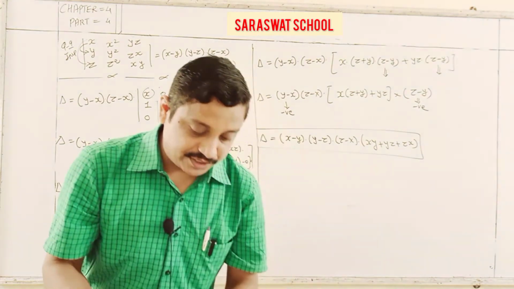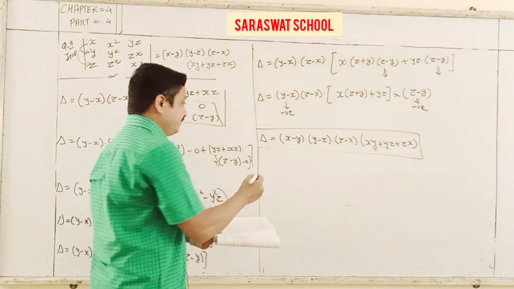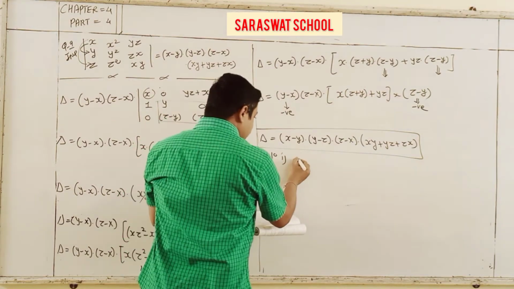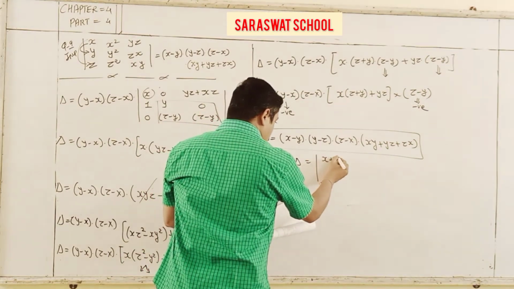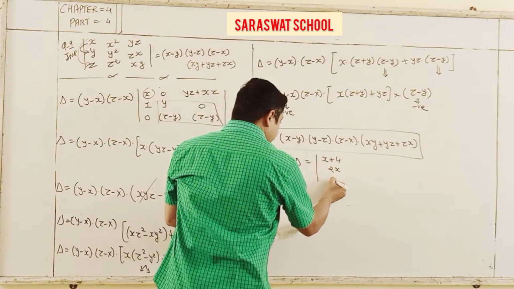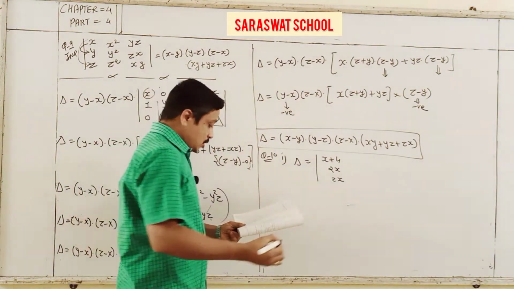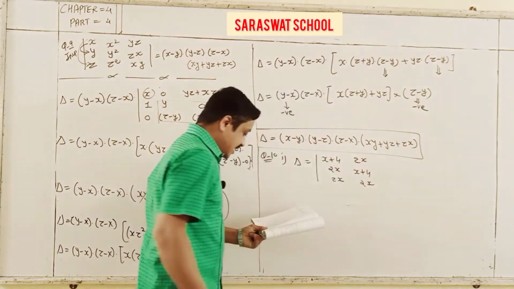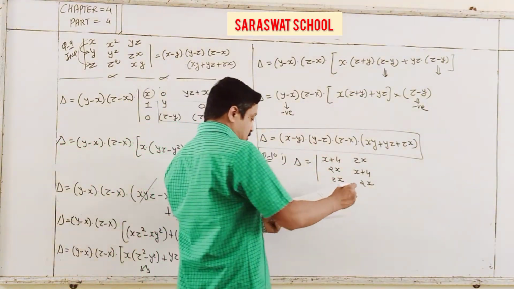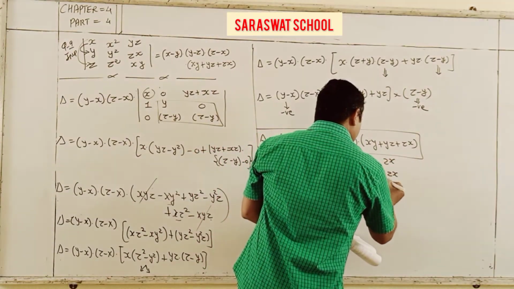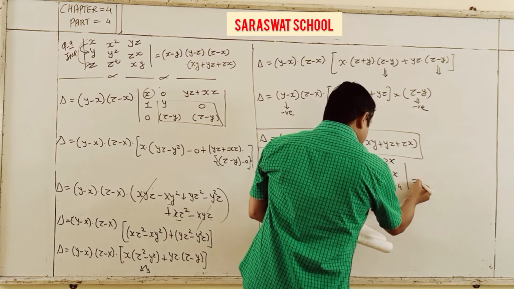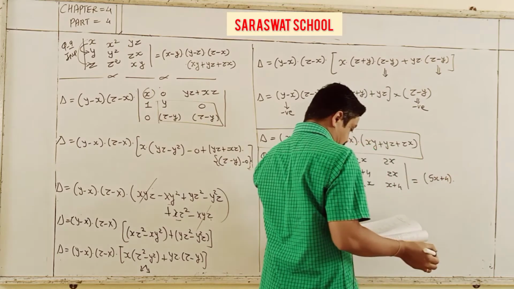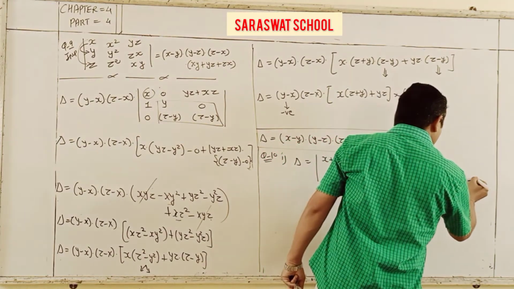Now I'm moving towards our question number 10. The 10th has very short questions. First one, x plus 4, 2x, 2x, then 2x, x plus 4, 2x, and the last 2x, 2x, x plus 4, but the answer is 5x plus 4 with the 4 minus x whole square.